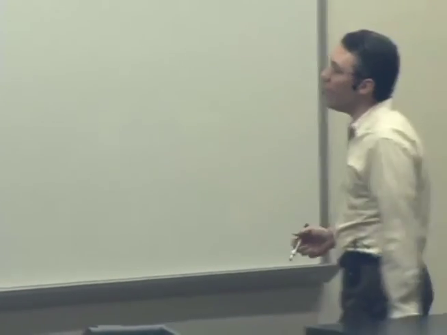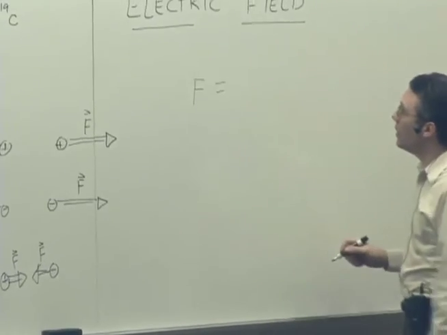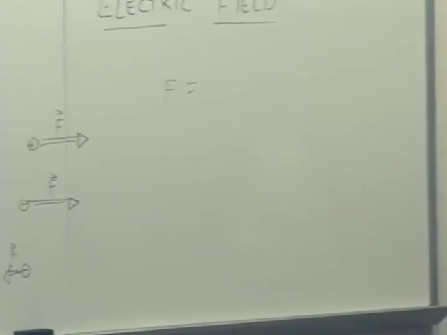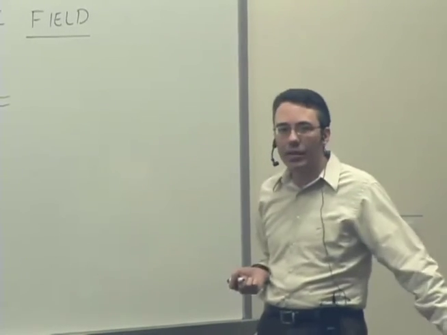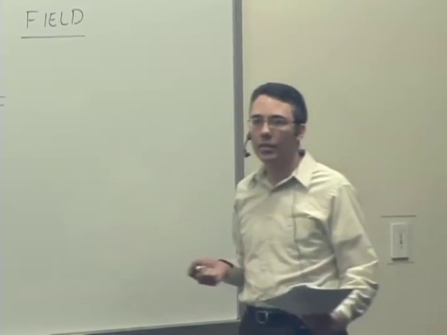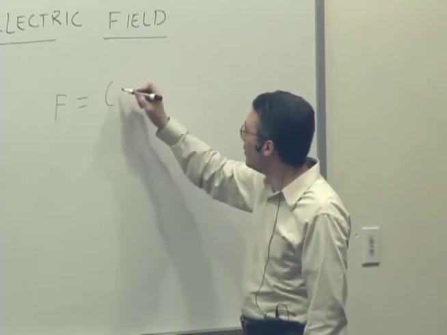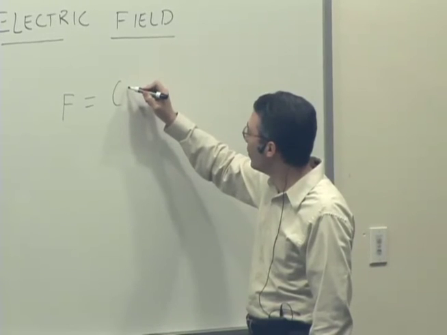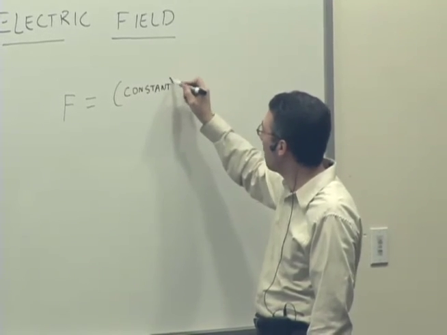So can we quantify this? The magnitude of this force depends on what? It depends on distance. How does it depend on the distance? Okay, so there's a constant here. You said k q1 q2 over r squared. So I'll just call this some constant. We'll talk about what this constant is.